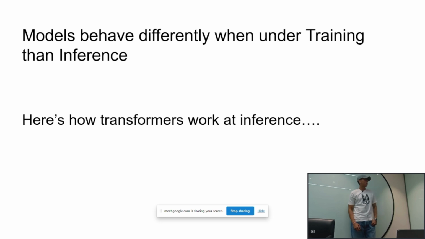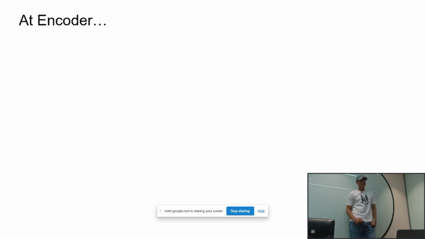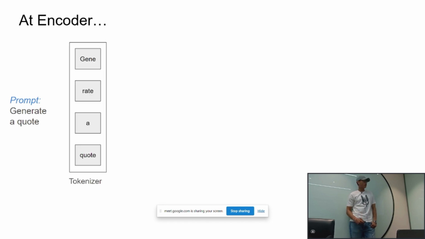So here's a brief of how transformers work when doing an inference. Firstly, you start at the encoder. So again, you hit the encoder with a prompt, let's say the same one as previously, generate a quote. Now you have a tokenizer. The objective of the tokenizer is to split the input text into tokens. To really simplify what tokens are, a language model understands a language, and that language is made up of a vocabulary of words.